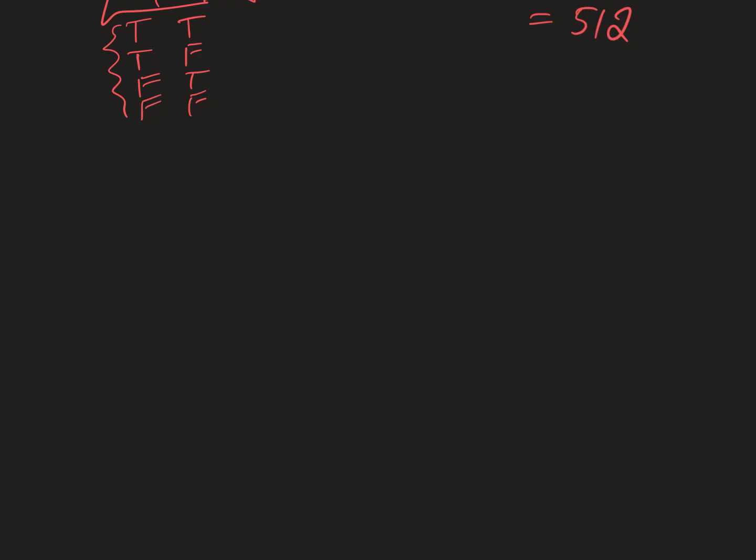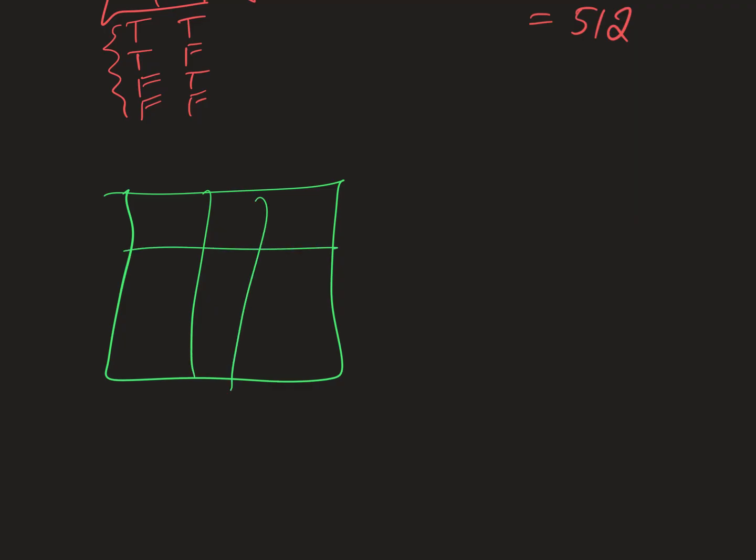So let's draw our tic-tac-toe board again. And I guess what you need to think about when you're thinking about what all the states are is maybe start out by drawing what the different options are.